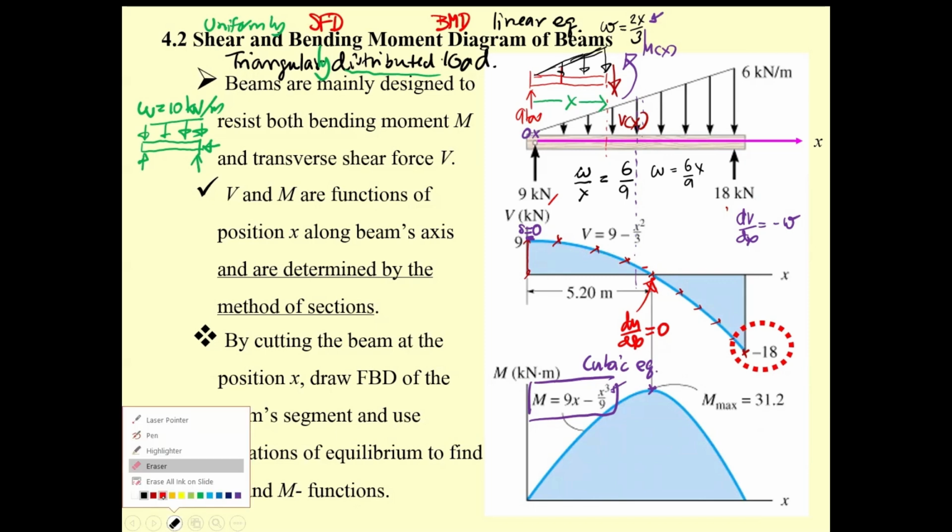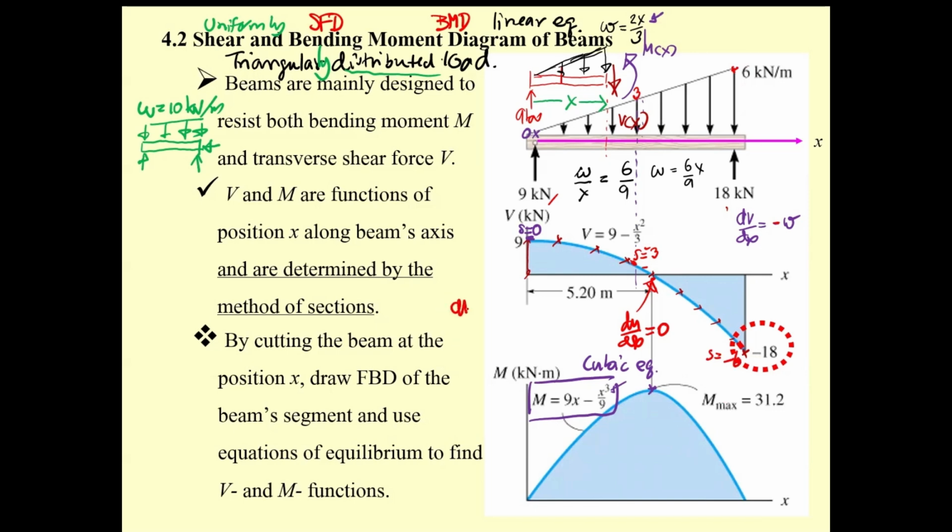At that point, the slope is going to be minus 3, because this is minus w. And at the end of this one, w is 6, so the slope over here is going to be minus 6.